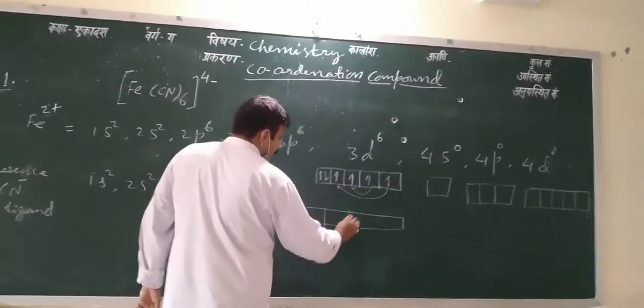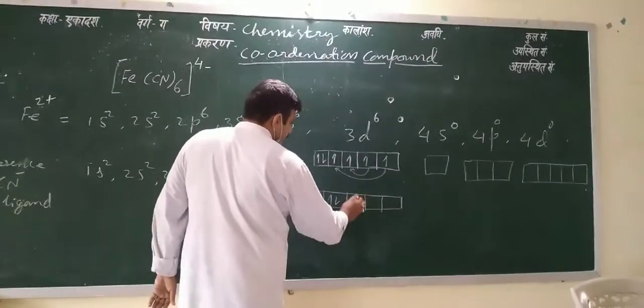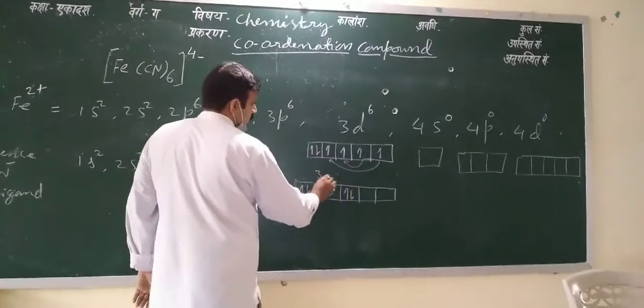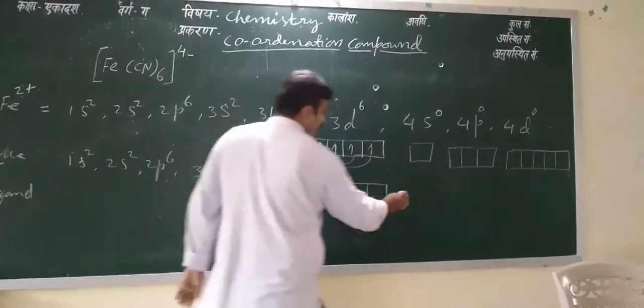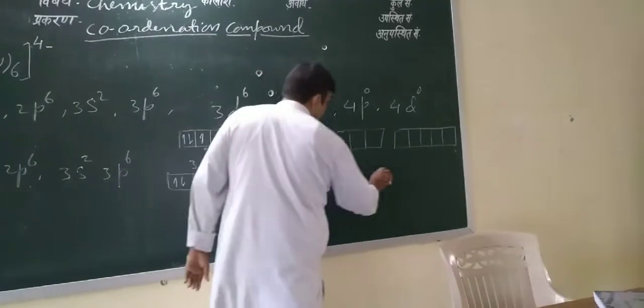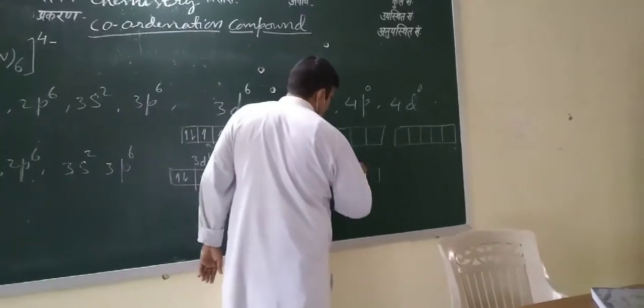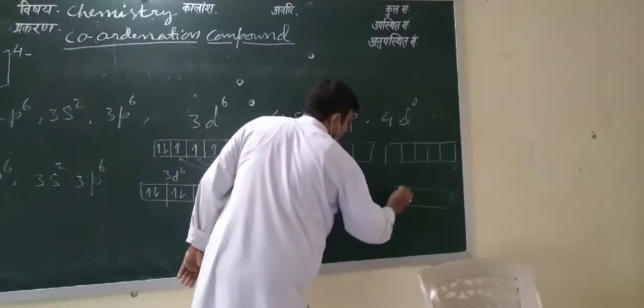So in the d orbitals, it is 3d6. Two d orbitals will become empty, and then the 4s and 4p orbitals. And this is 4d.